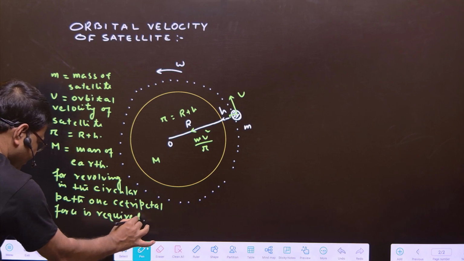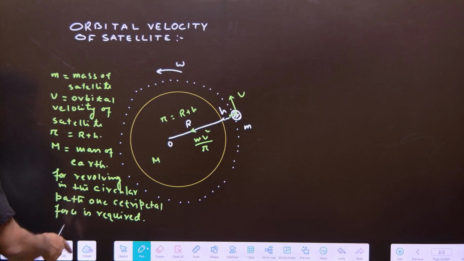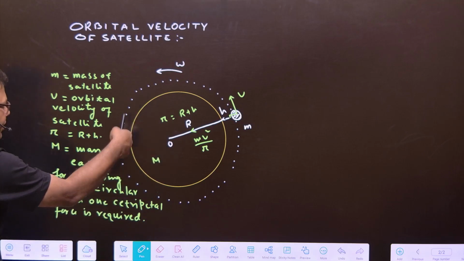Okay, right? It is necessary to have a centripetal force to revolve in a circular orbit.